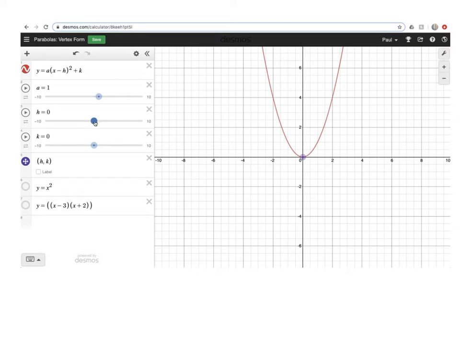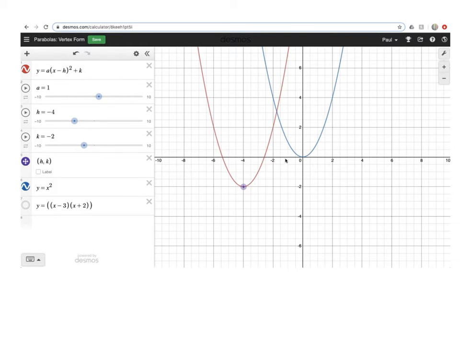If I change the value of h, I see my graph translates along the x-axis. So if I translate down and then to the left, I've still got this x squared shape.